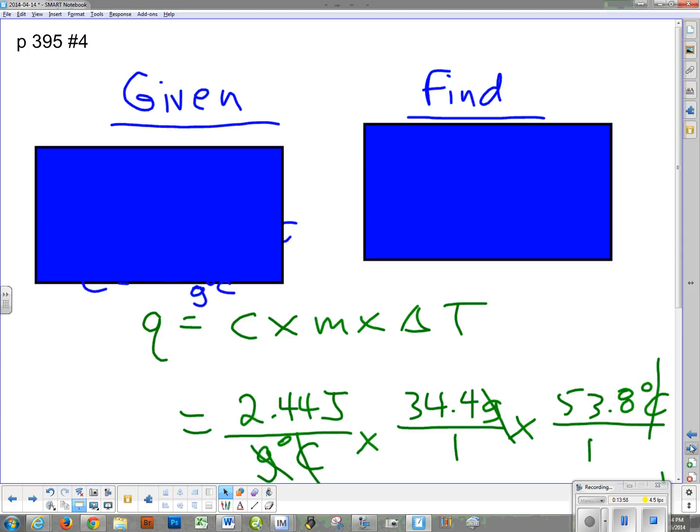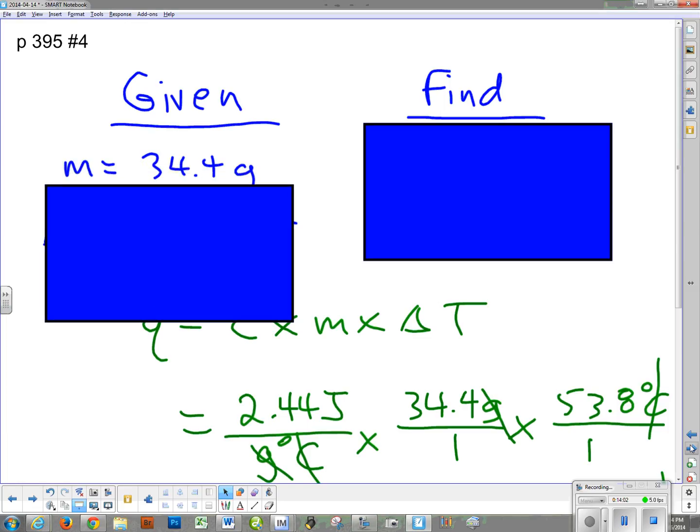And the mass is? Good. So we got M equals 34.4. This is how I want to see your homework done. You'll get totally lost if you don't. So we've got our mass.